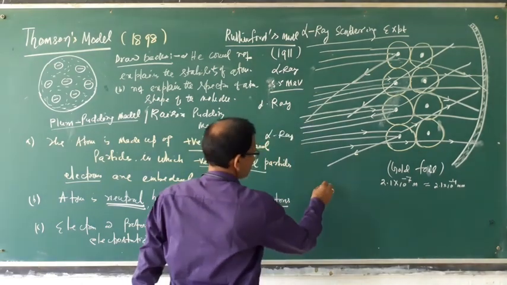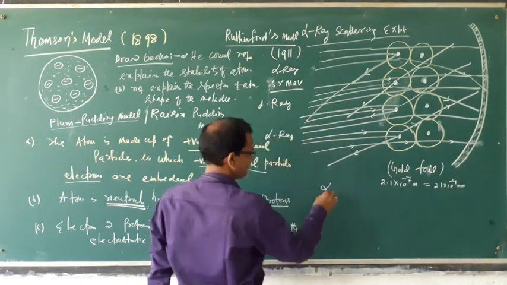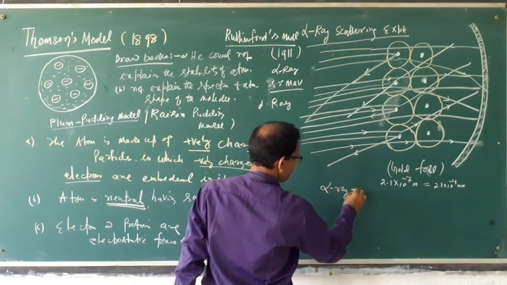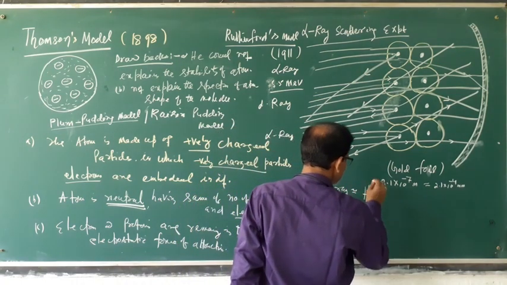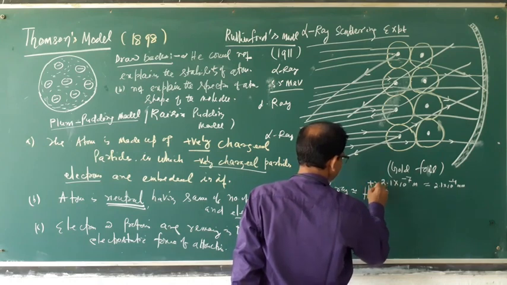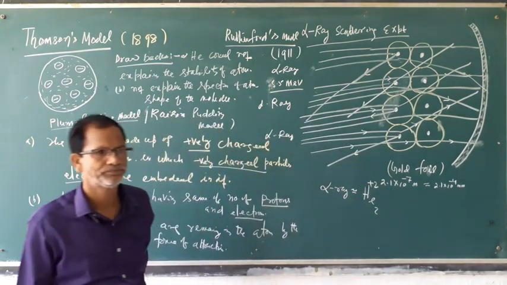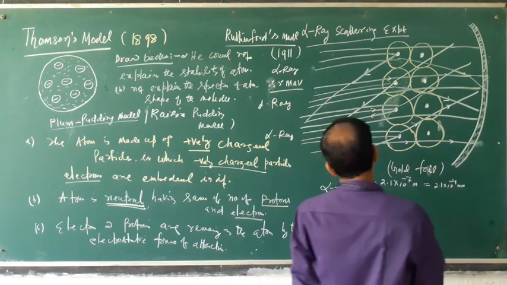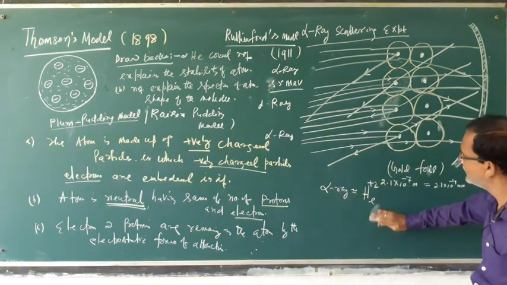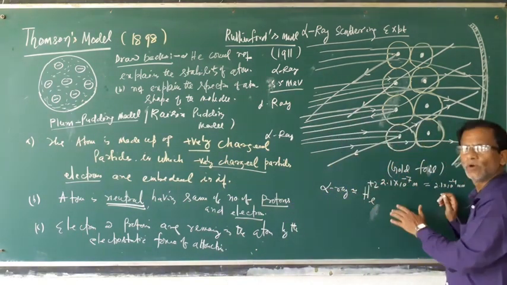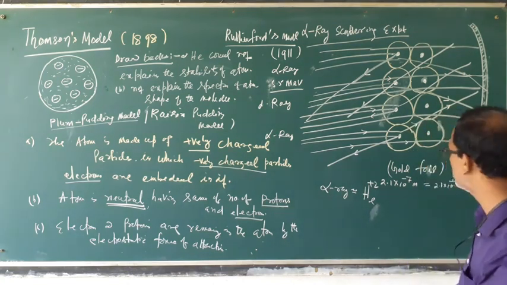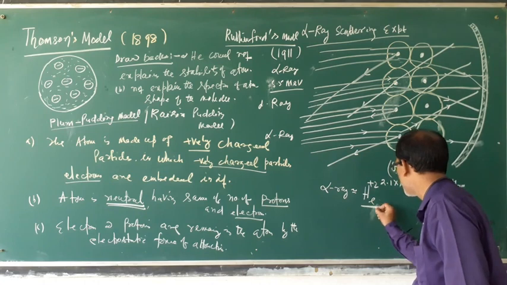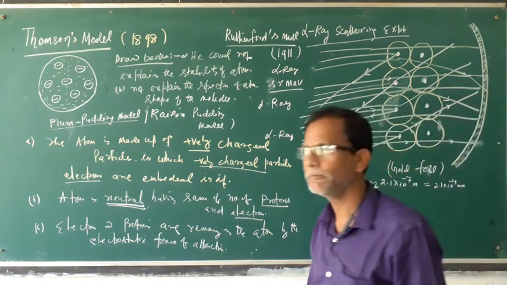Alpha ray consists of charged helium particles. That means it is a helium atom carrying two positive charges. If you remove two electrons from a helium atom, that particle is produced, which is called an alpha particle.